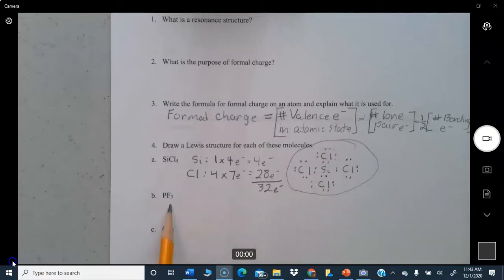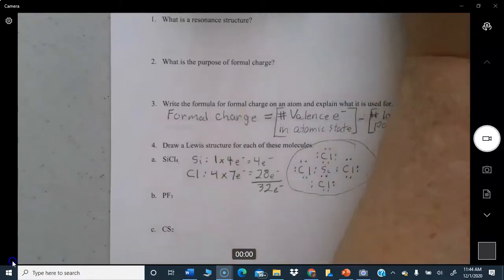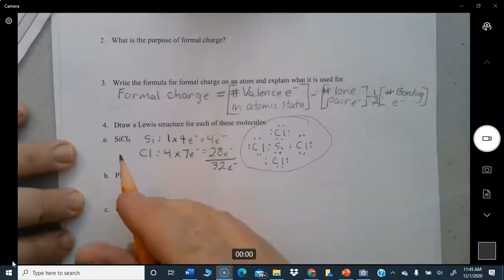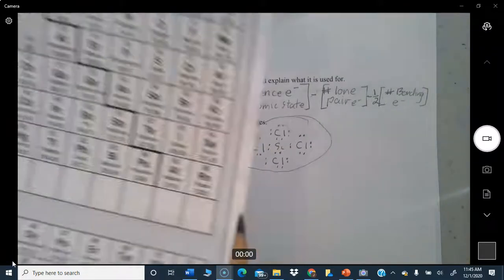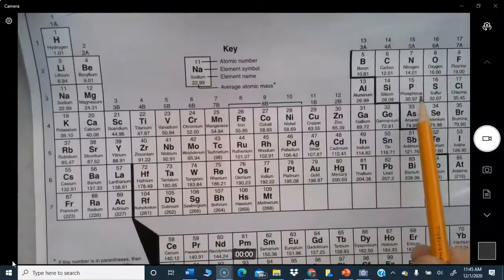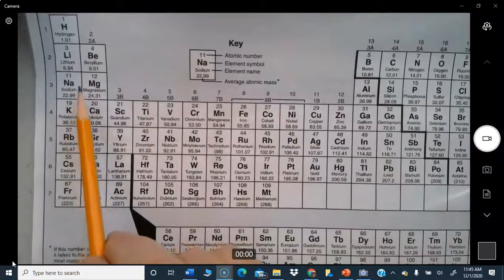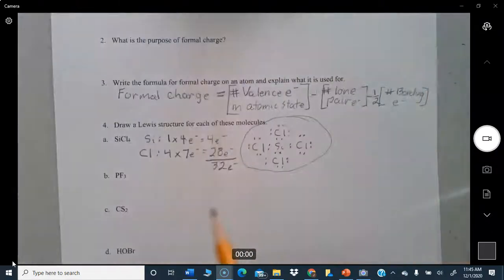Okay, let's do PF3 here. Okay, so we're going to count valence electrons. Phosphorus right here is the 5th element from the left. 1, 2, 3, 4, 5, so it has 5 valence electrons.